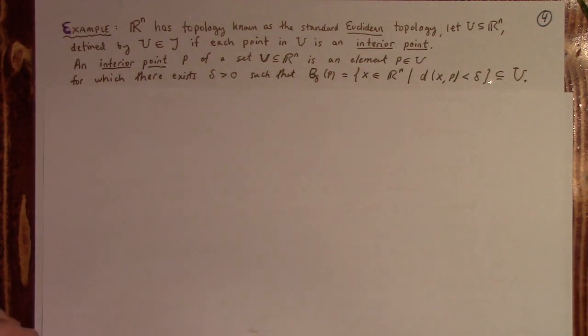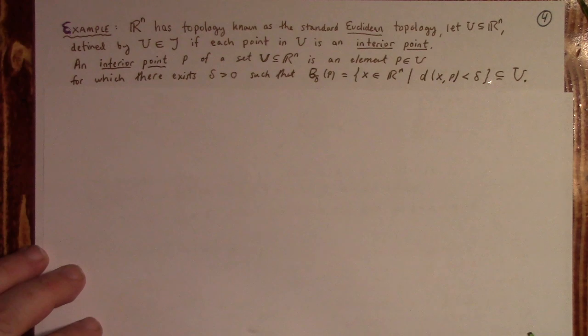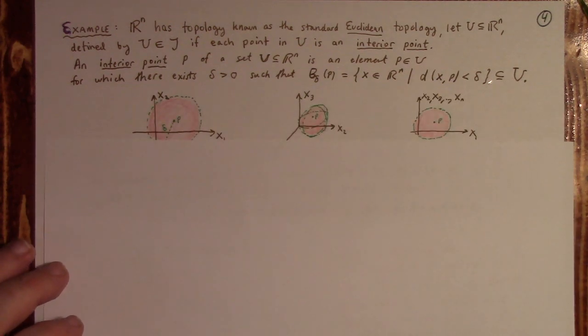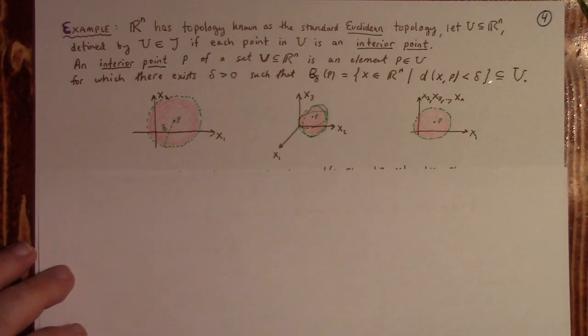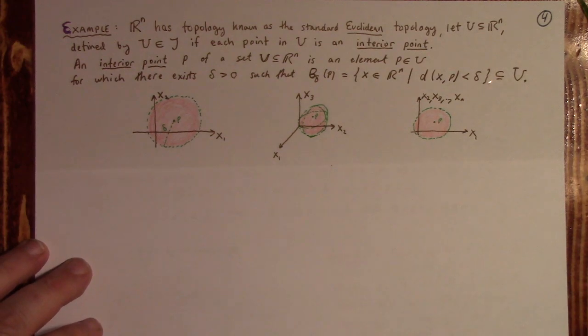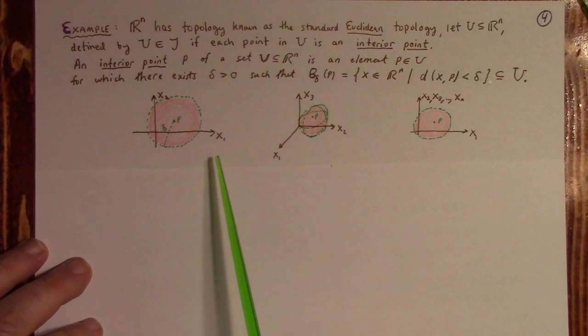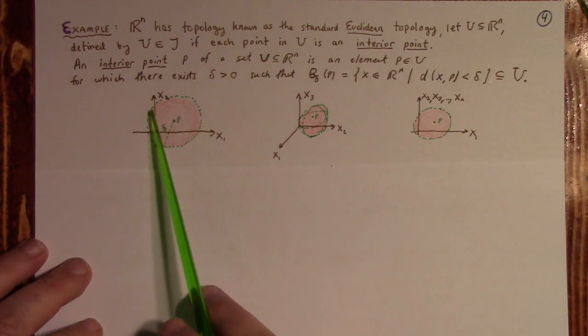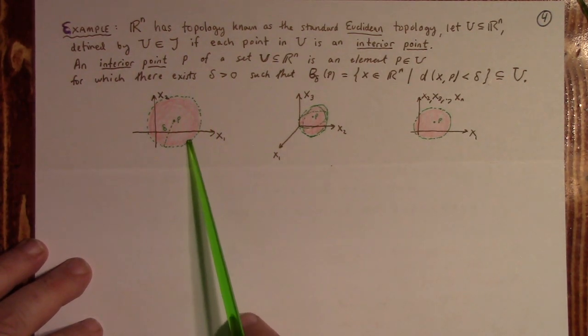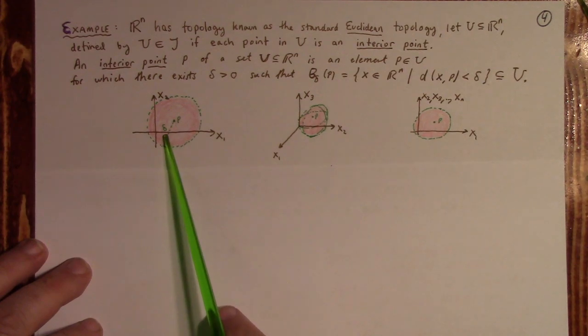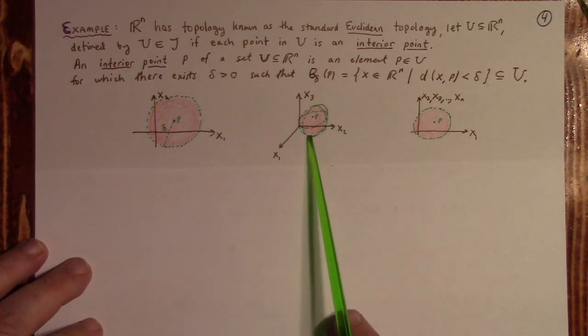So here are some pictures of what open balls look like. These are also called the basic open sets of Rn. In the plane, an open ball is just a disk, like a fuzzy disk with center P and radius delta. In R3, I'll hazard a picture.